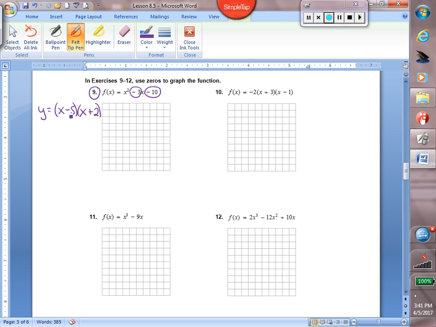If I multiply -5 and +2, I get -10. If I add -5 and +2, I get -3. So now after I factor, now I have intercept form. We see those 2 sets of parentheses. Now we can use that to find our intercepts.